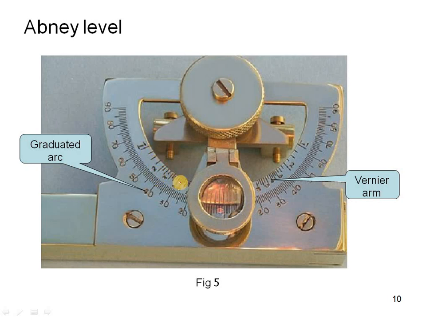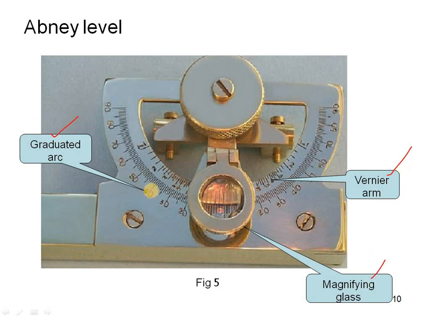You can see here the vernier arm scale, the magnifying glass and the graduated arc. Suppose in this reading, 40 coincides here above the reading. You can see this is 40 degrees, and it is measured as 10 seconds. From 2, 3 it is measured at 30 seconds.